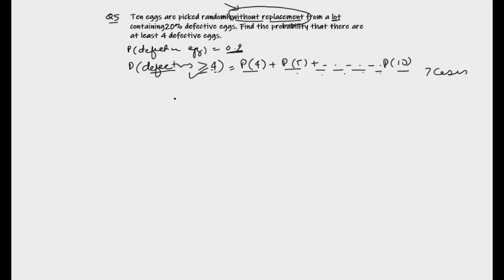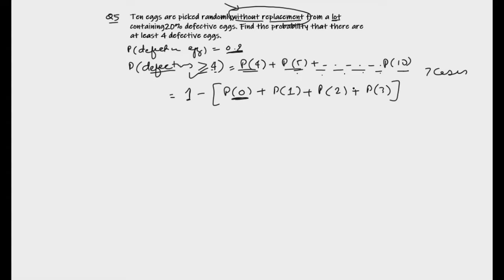Let's write it as 1 minus probability that none of them is defective, or probability that only one is defective, or probability that 2 are defectives, and 3. So 4, 5, 6, 7 up to 10 are here. So I am subtracting the remaining ones 0, 1, 2 and 3 from the probability of 1, because the sum of all the probabilities will be 1, and it will be easier to find these 4.